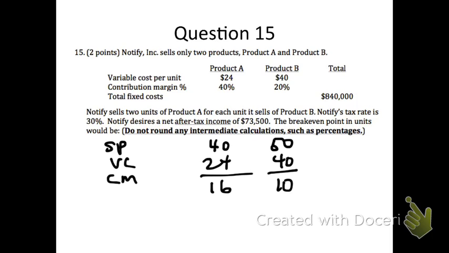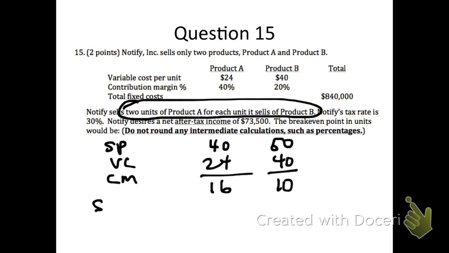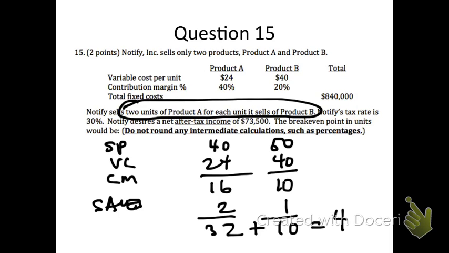So probably the easiest one to do first is to look at the baskets. We need to know what our sales mix is. It looks like we have 2 units of A for every 1 unit of B. So our sales mix is 2 to 1. We have a $32 contribution margin per basket for product A, plus a $10 contribution margin per basket for product B. So our total contribution margin per basket is $42.